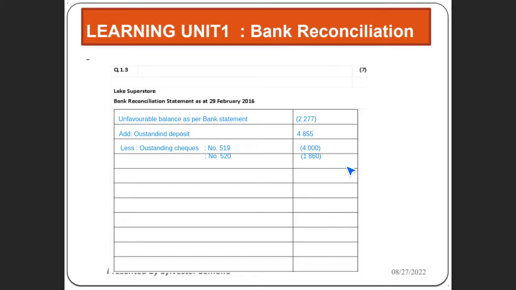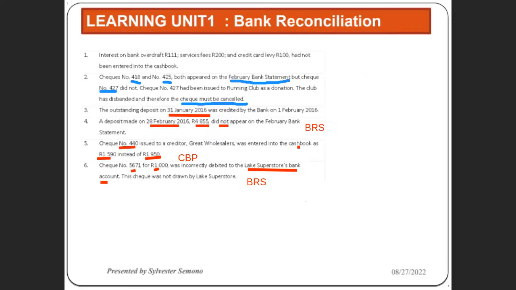Yes, sir. So after doing the checks, we need to check if we have got any errors which have been made by the bank. If there are any errors which were made by the bank when we were analyzing the information, let's go and check.